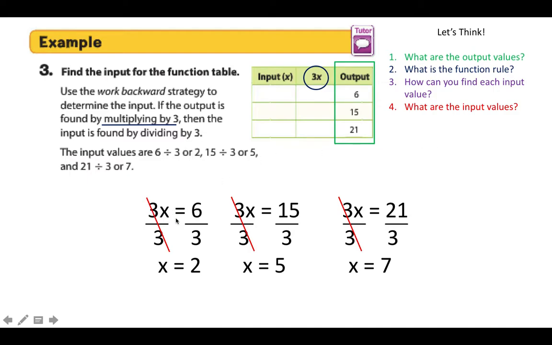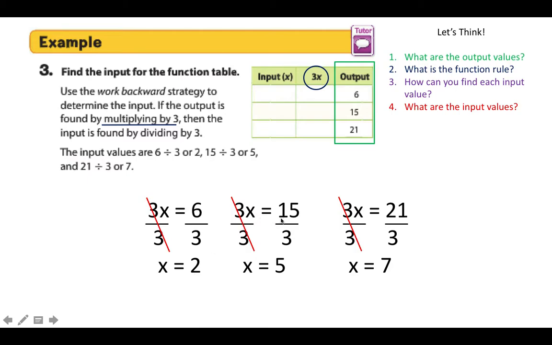Well, if 3 times x equals 6, that means we can go backwards or solve it by dividing. So we're going to divide both sides by our coefficient, which is 3. 3x equals 6. We divide both sides by 3. Our variable is by itself. So our input value, when our output value is 6, is 2.